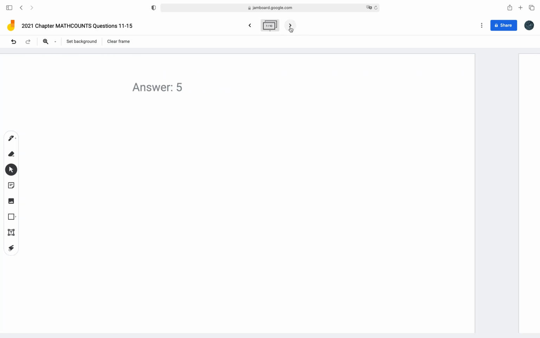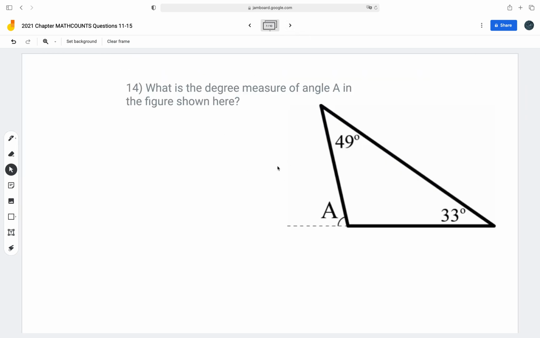Cool. Next problem. What's the degree measure of angle A in the figure shown here? Alright, so we have a triangle, 49 degrees and 33 degrees. There are multiple ways you can do this. First way is to find this angle here. So what's 49 plus 33?